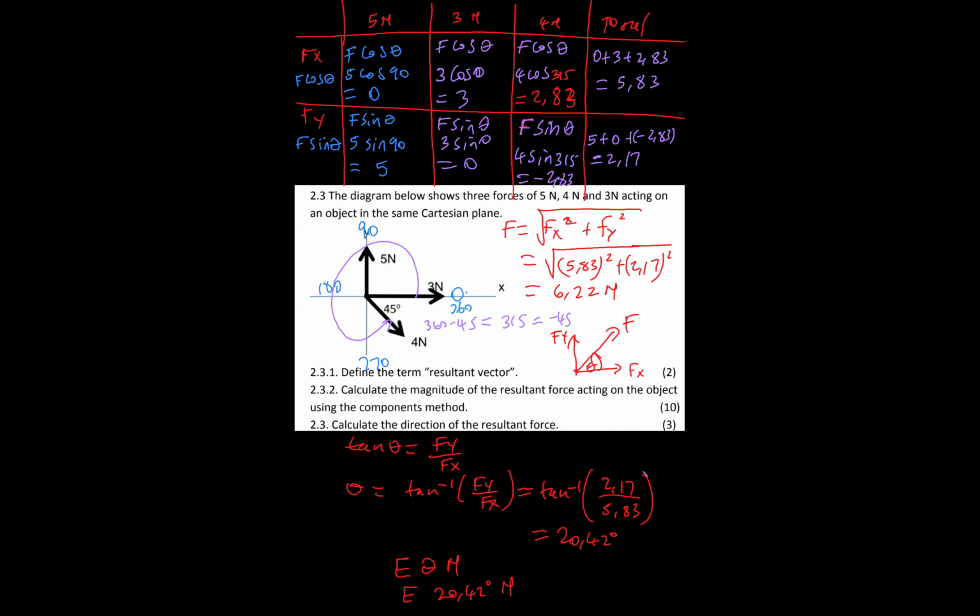We start going east, then as we go north, after the angle, we will find our vector. Is it clear? This one is not a bearing. That's the positive x-axis direction.